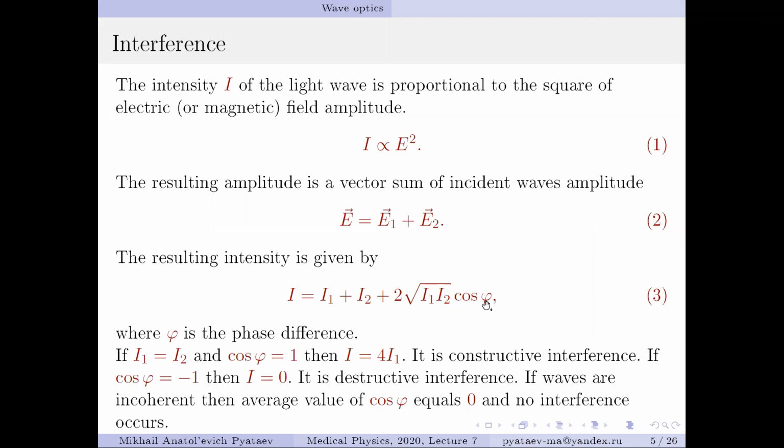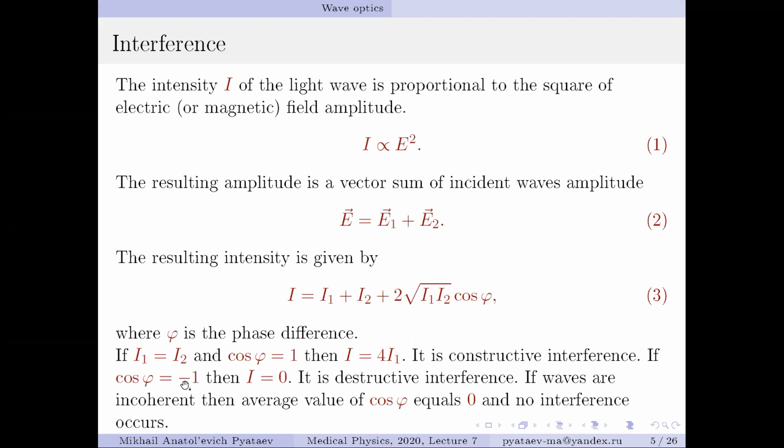If this phase difference equals 0, then this term is positive, and it gives a rise of intensity. In the case of equal intensities, the intensity becomes equal to 4 I1, not 2 I1, as it would be without interference, but 4 I1.